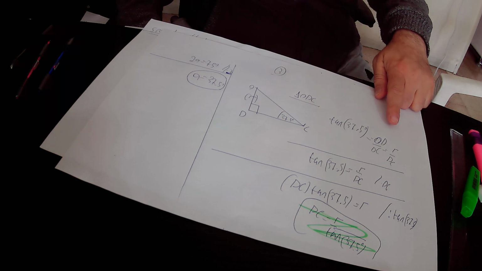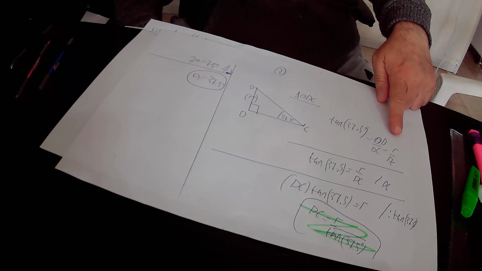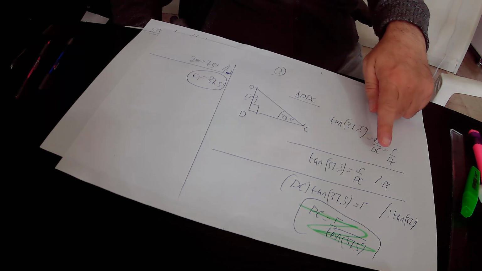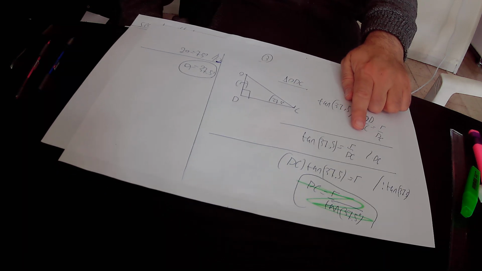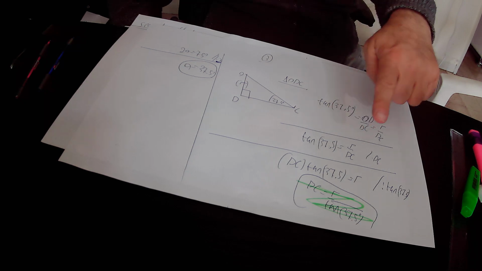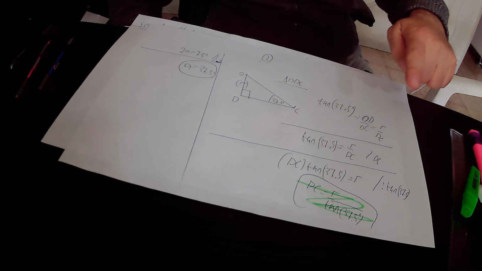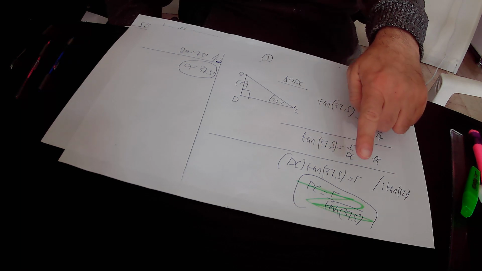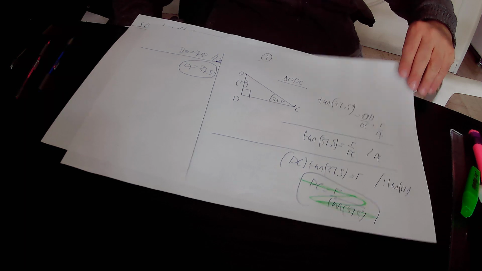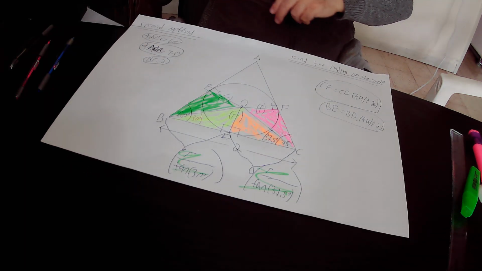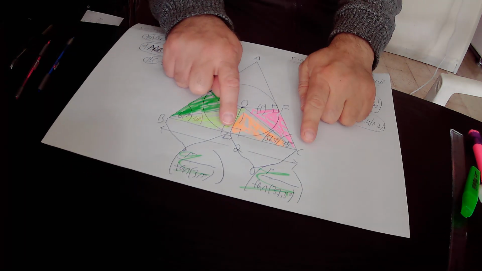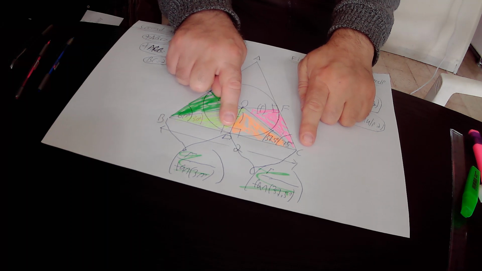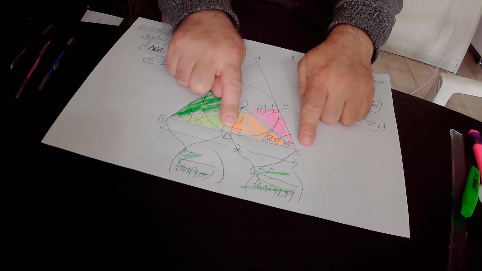OD is R, so it is R over DC. Here we multiply this equation by DC and find that R equals DC times 37.5 degrees. Then we divide by times 37.5 degrees and find that DC equals R over times 37.5 degrees.